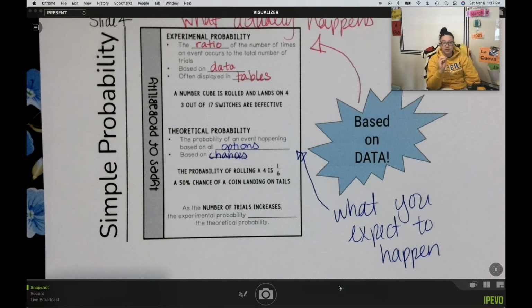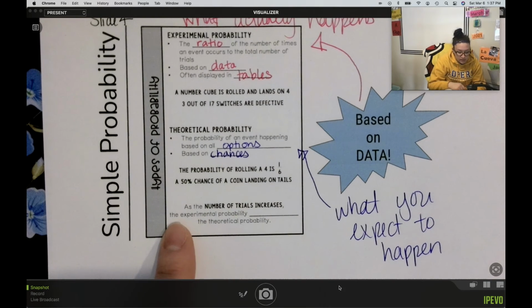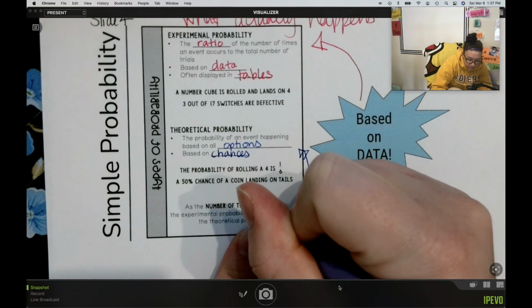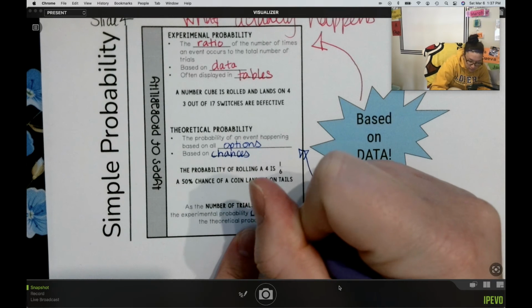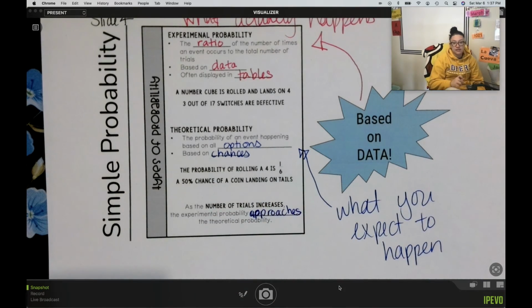For most information, as the number of trials increases, the experimental probability comes close to, or approaches, that's the word they wanted, approaches the theoretical probability. They get a lot closer together.